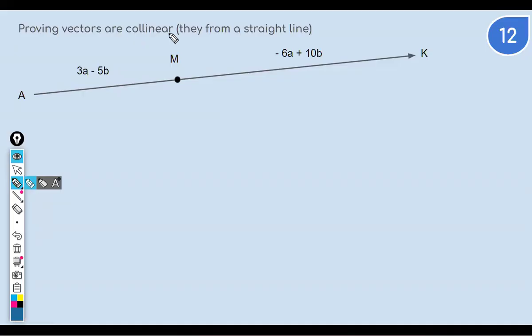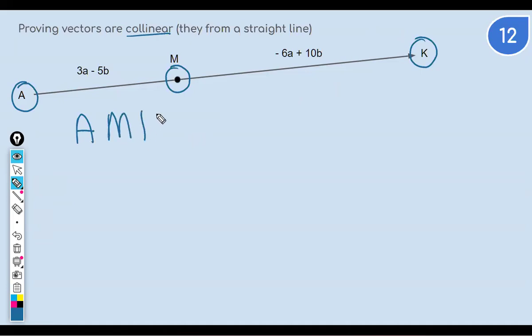But usually collinear, here's what to do. If they give you 3 points, A, M, and K, write down the 3 points, A, M, and K. Everyone write down the 3 points, A, M, and K, right?